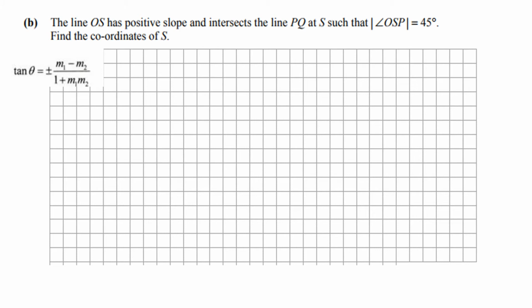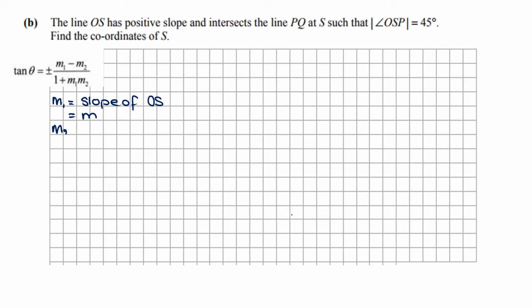So the two lines we're talking about here are the line OS and the line PQ. Given that we don't know what S is and the question is asking us to find the coordinates of S, we can say M1 is the slope of OS, and we're just going to let that equal M. We don't know what it is, so we'll let the letter M stand for that.